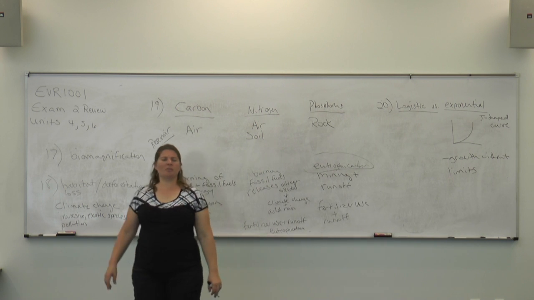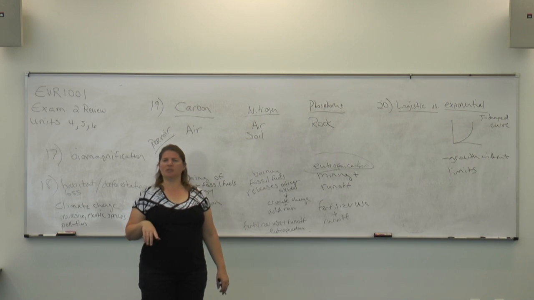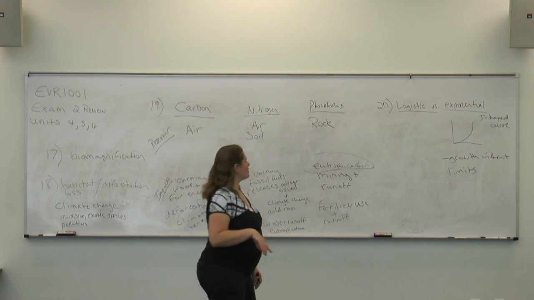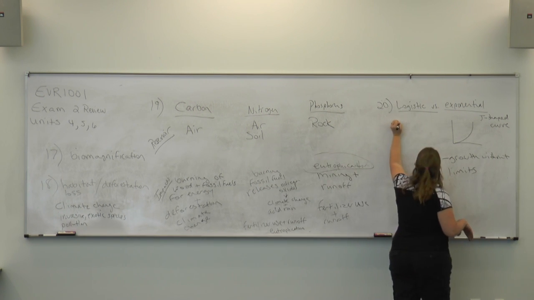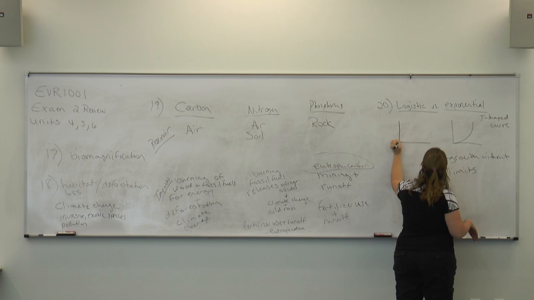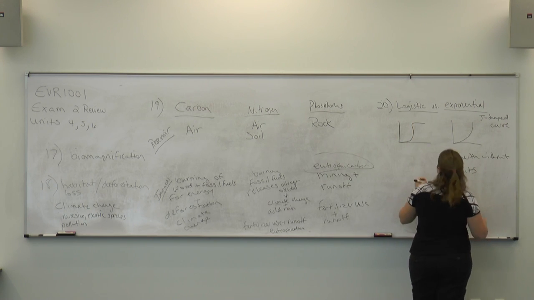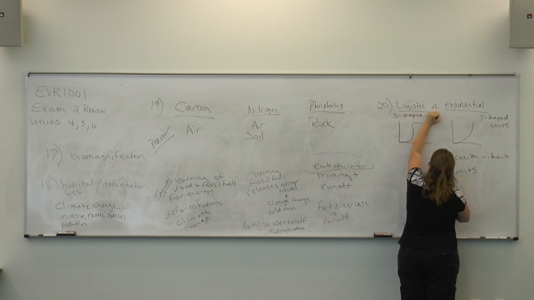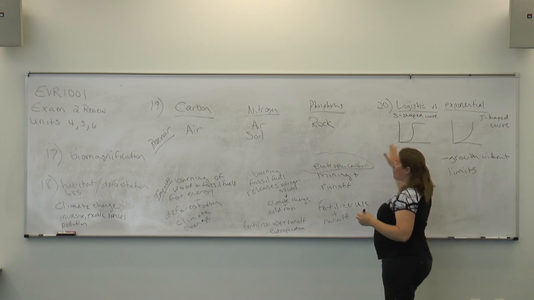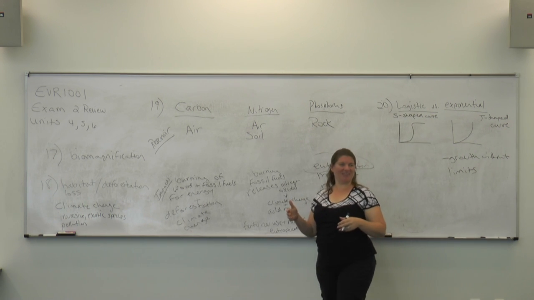Logistic growth is represented by what shaped curve? How is it described? Remember logistic growth? What's the letter that describes the shape? Looks like this, right? And we call that the S-shaped curve. This is growth with limits, right?